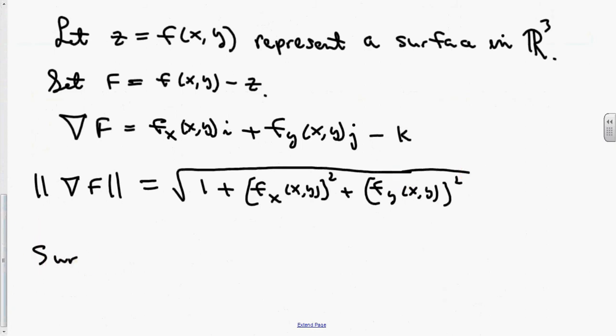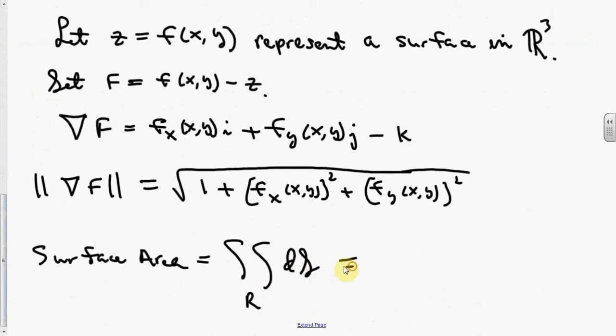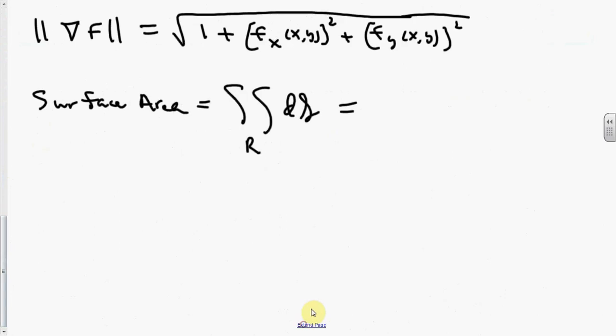So this surface area is equal to this double integral over the region with respect to the change in the area. This reduces to this double integral over the region. This dS becomes the norm of the gradient of F times dA. And this norm, that square root, is exactly the formula that's given above.